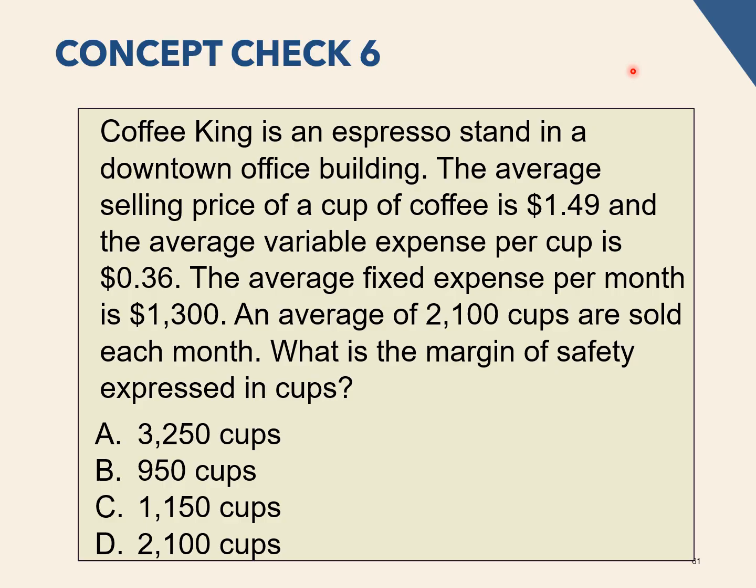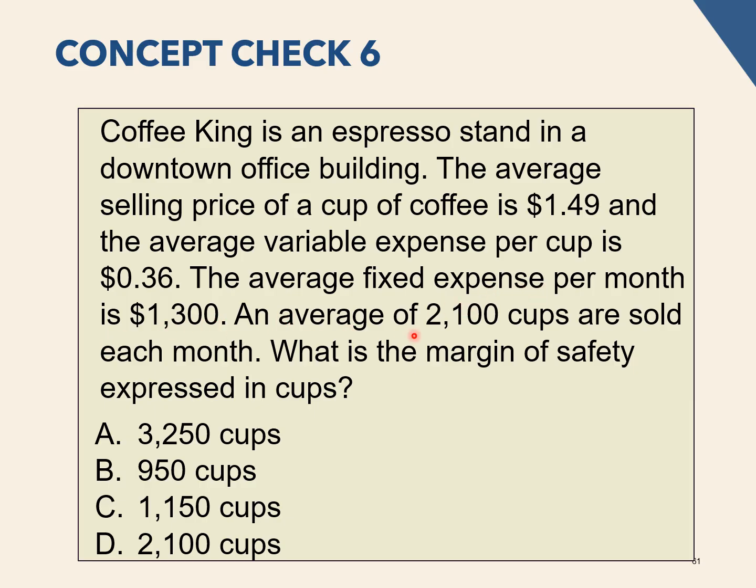Let's do concept check number 6, also from Coffee King. Coffee King is an espresso stand in a downtown office building. The average selling price of a cup of coffee is $1.49, and the average variable expense per cup is $0.36. The average fixed expense per month is $1,300.